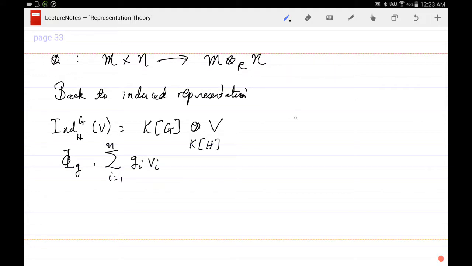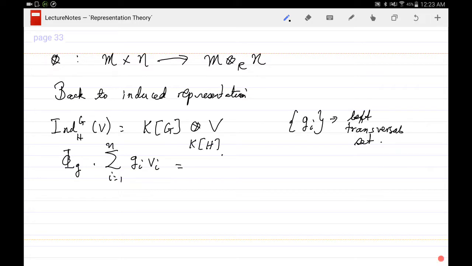So remember, this is our left transversal set. And again, just to remind you, this is just picking coset representatives, one from each coset. And how does it act?